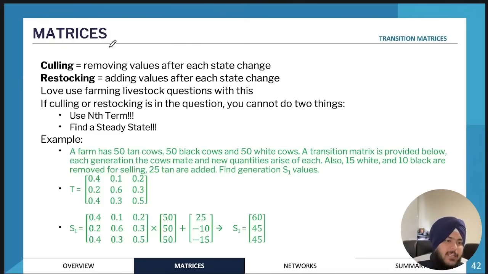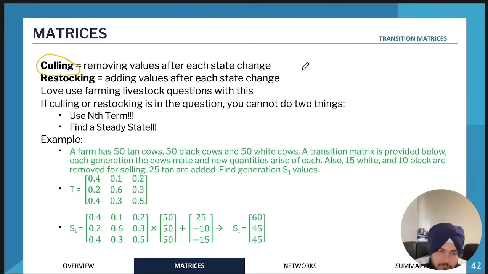So some students might be removed, so that's culling, when we're removing values after each addition. For example, if we relate it back to financial maths, if we have an annuity and we're removing a certain amount of money after each period, as we're taking a payment, that would be culling. We're taking a value after the interest is added. So exactly the same thing.